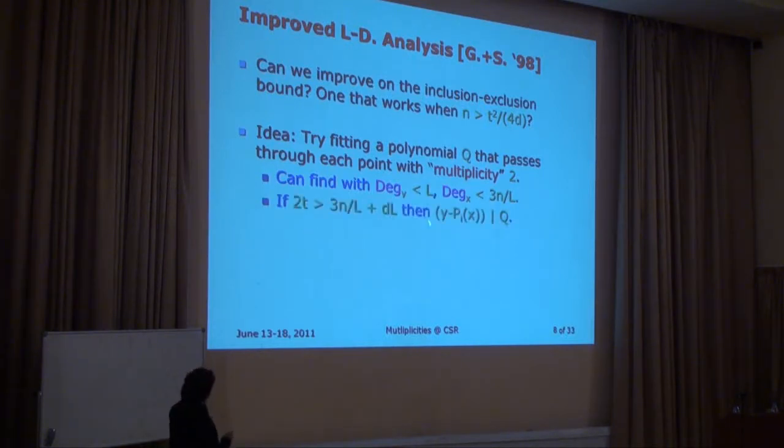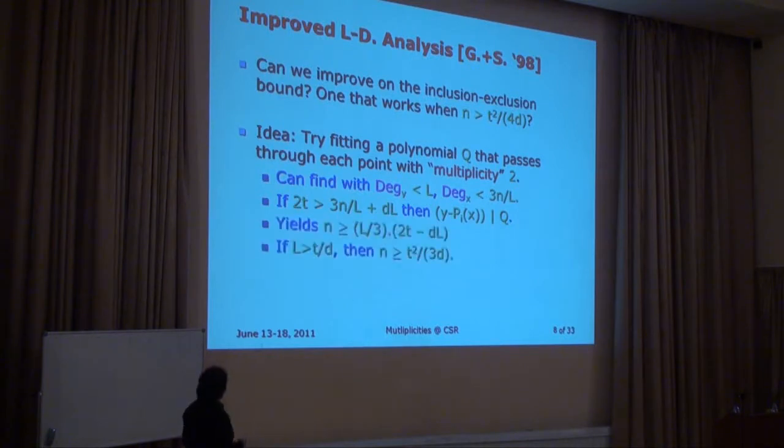Then you have a counting argument which says that every time you have y equal p sub i, y_j equal p sub i of x_j, you actually found 2 zeros, 2 points where this curve meets this curve. Why 2? Because the multiplicities that we chose were 2. And as long as twice t is greater than this parameter over here, you get a contradiction.